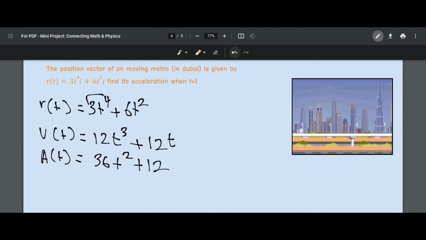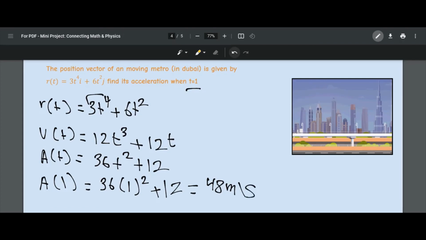And they want us to find when t was 1, so we will just substitute 1 for t. So 36 times 1 squared plus 12, which equals 48 meters per second squared. And that's it.